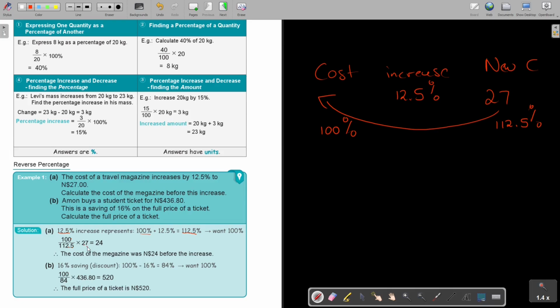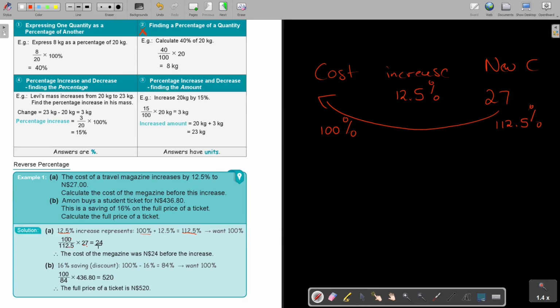And basically, I'm making use of this. I find the percentage. Okay, I find the 100. I'm finding a percentage of a quantity. So I'm given, and I want an amount. I want the cost. So basically, I'm going to just say 100 over 112.5. I multiply and I get 24.